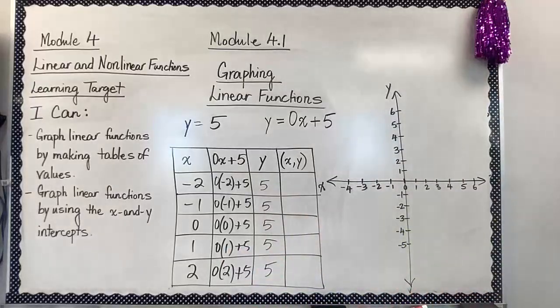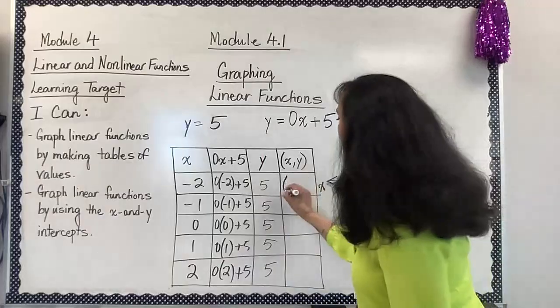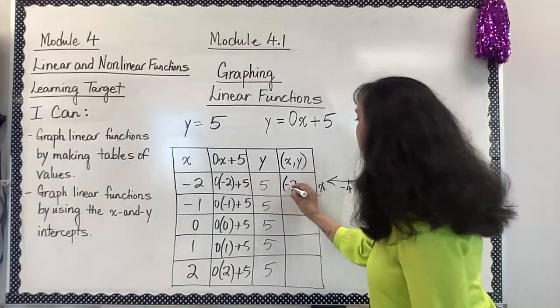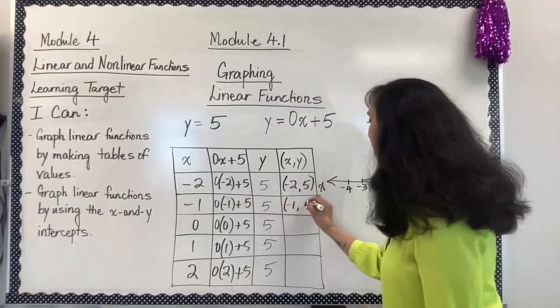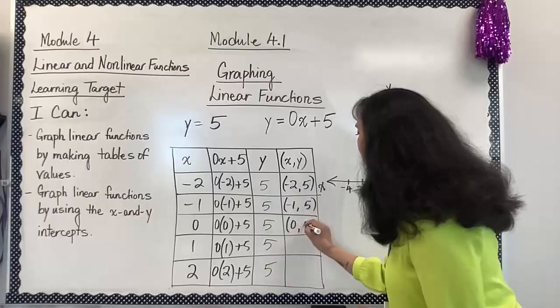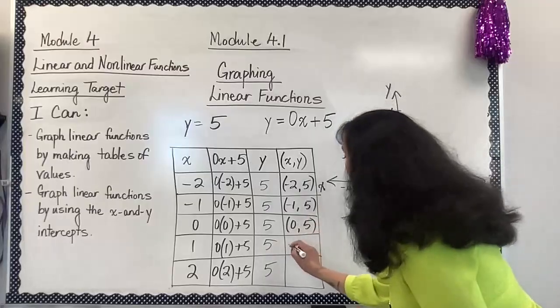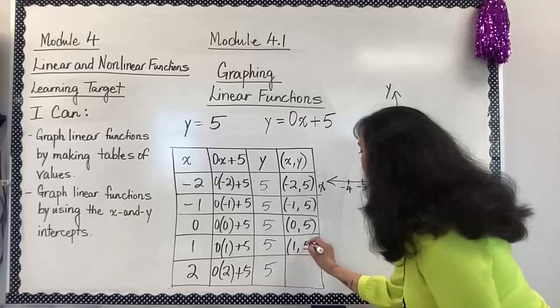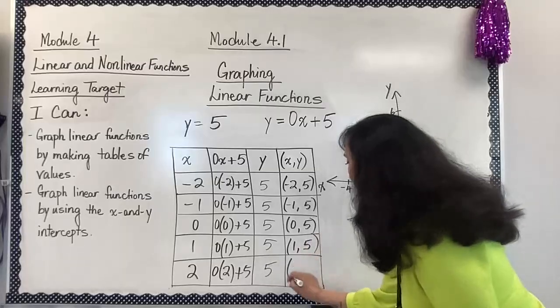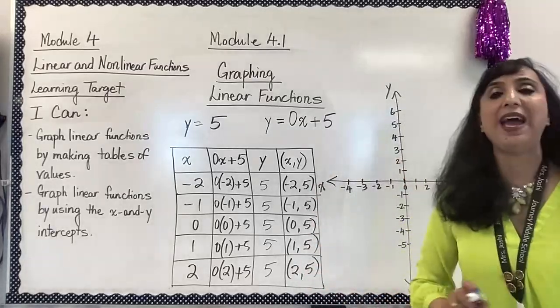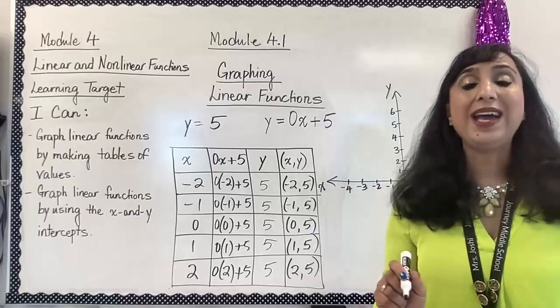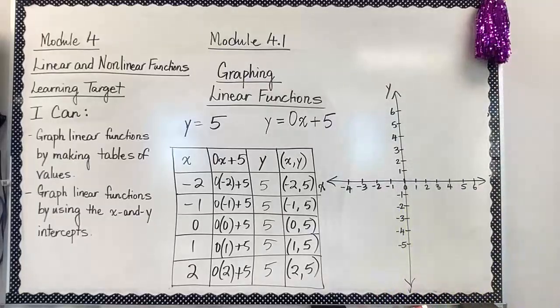So if I rewrite the ordered pair, the first one is negative 2, 5. The second is negative 1, 5. Third is 0, 5. Then we have 1, 5. And then we have 2, 5. So as you can see, any value of x, my y is still going to be 5.